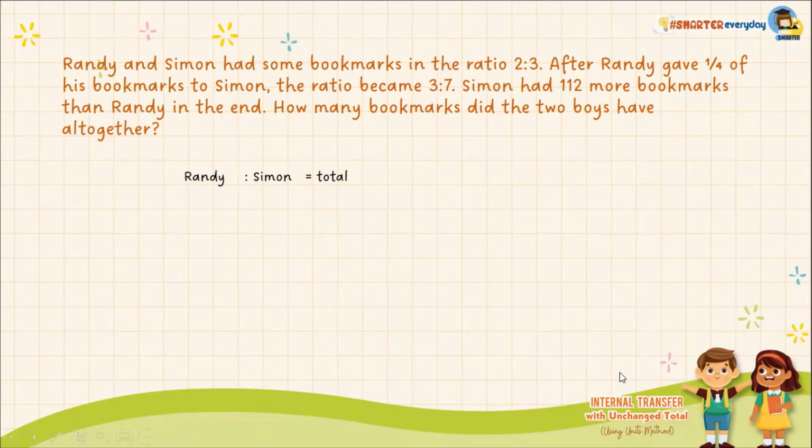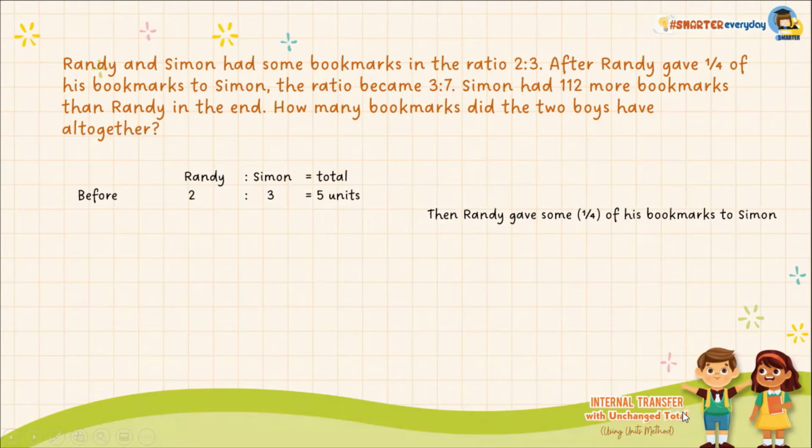Then we know that in the before condition, Randy has 2 and Simon has 3, and their total is 5 units. And then after that, Randy gave some, which is 1 per 4 of his bookmarks, to Simon. In the after condition, we know that the ratio became 3 to 7. The total of 3 to 7 means 10 units, right?